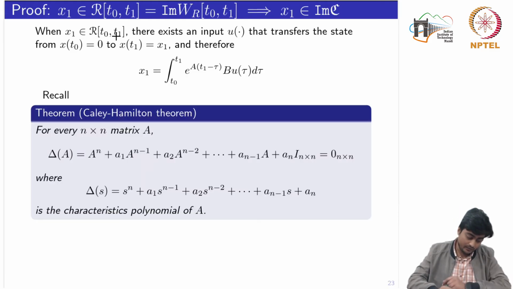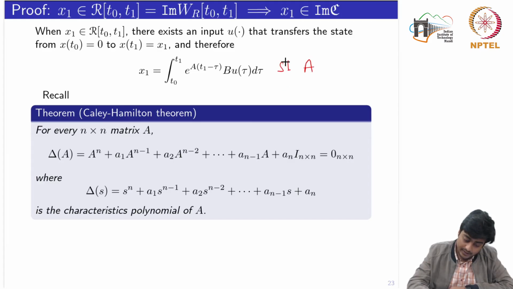Now quickly we will recall the Cayley-Hamilton theorem, because we are going to use this result: for every n cross n matrix A, delta of A should be equal to the 0 matrix, where delta of S is basically the characteristic polynomial of A. Given any matrix A, we compute the characteristic polynomial by computing the determinant of this matrix.